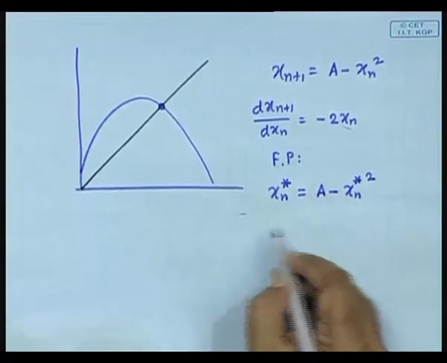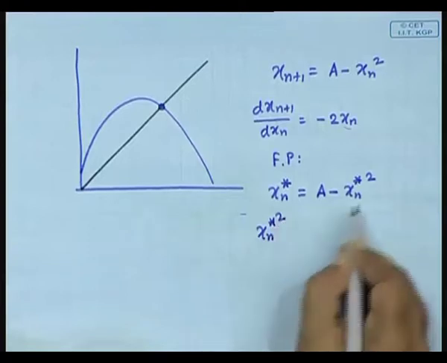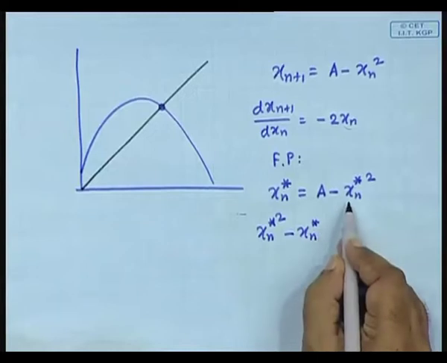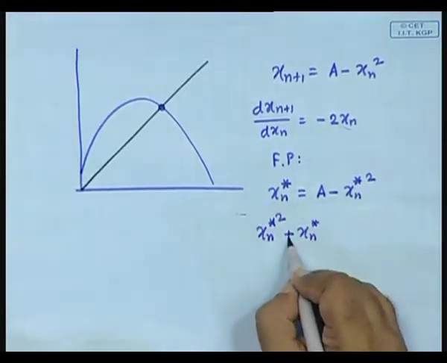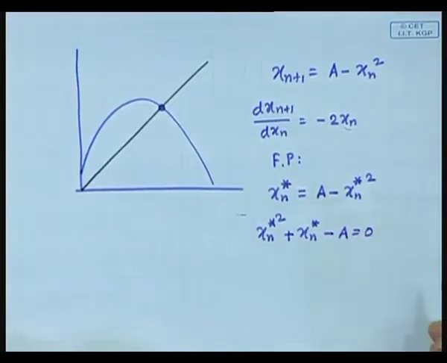So, this gives a quadratic: xn star square minus xn star minus a is equal to 0.